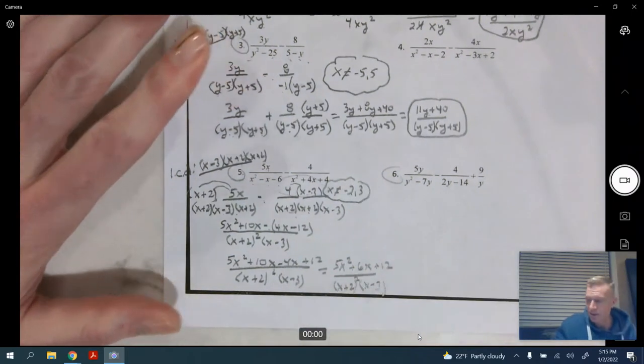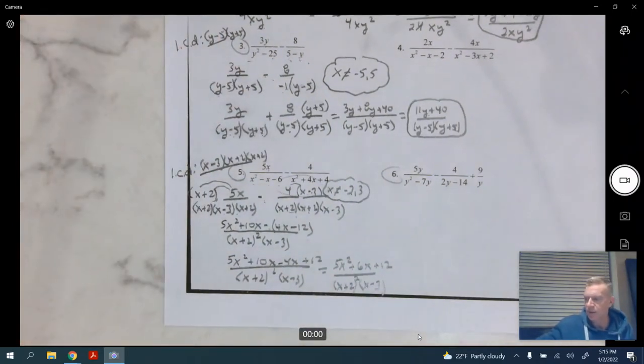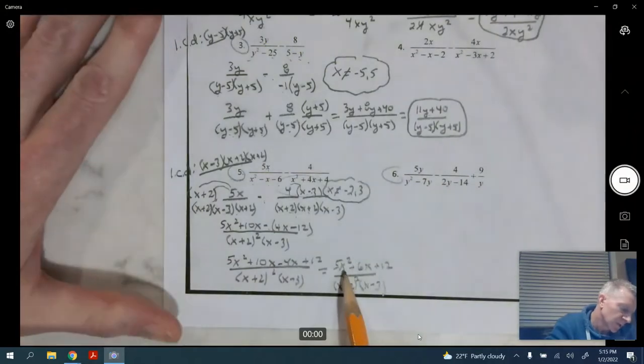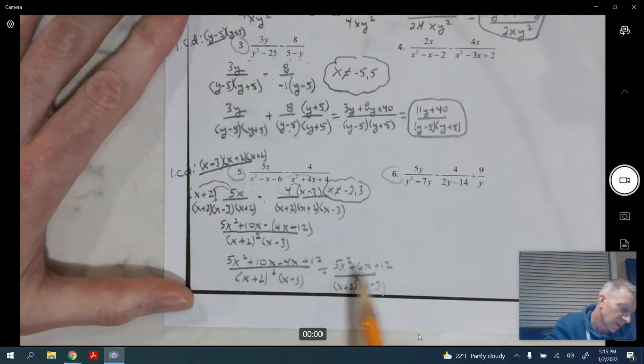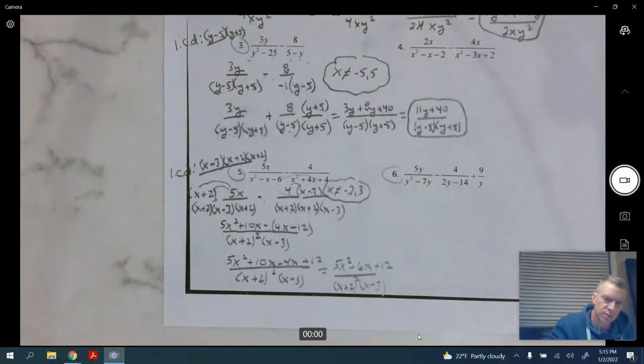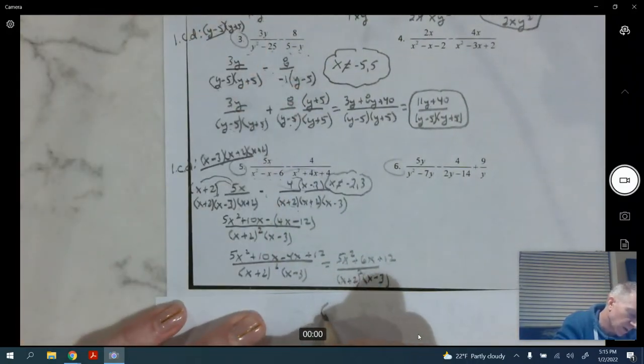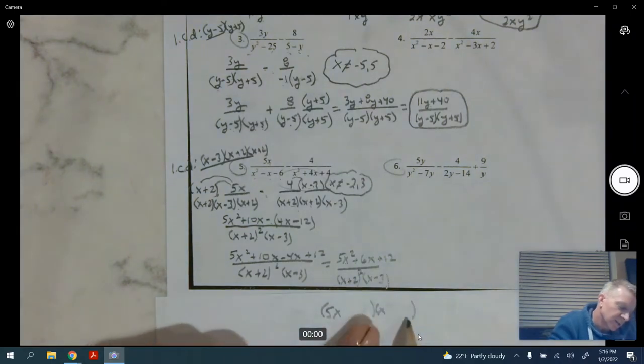Now, does this thing factor? So we've got to figure out if that thing factors. We could do some trial and error. Let's just try it real quick, see if something works out. This would have to be 5x and x. These could be a 3 and a 4. They could be a 12 and a 1.